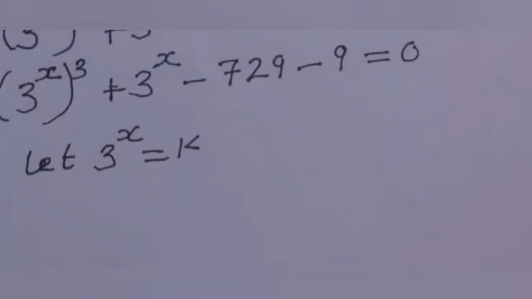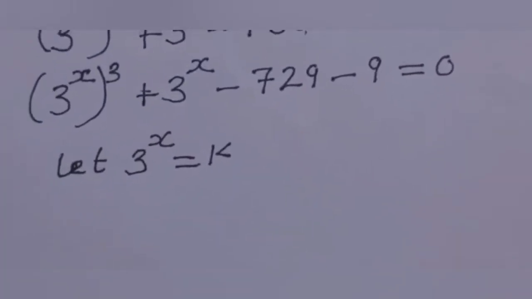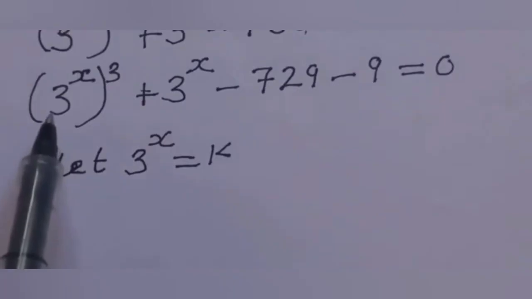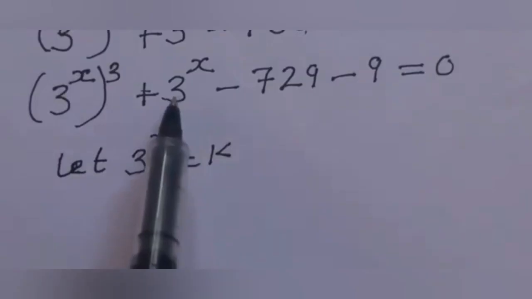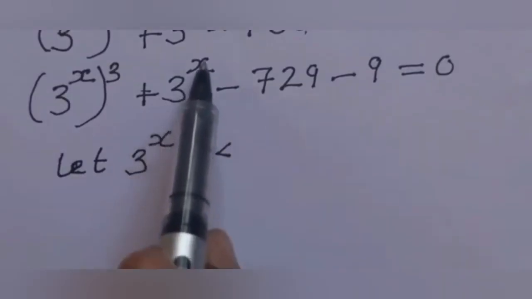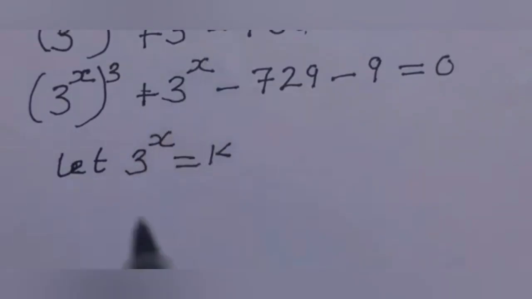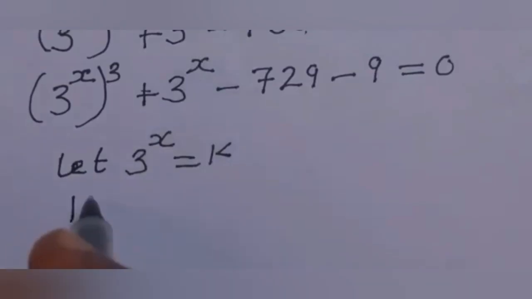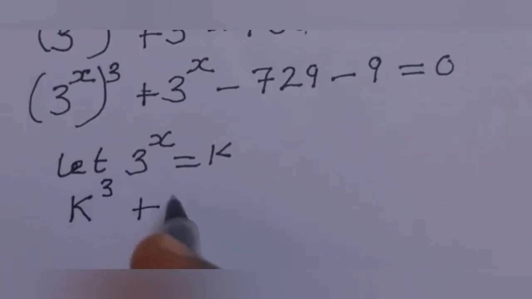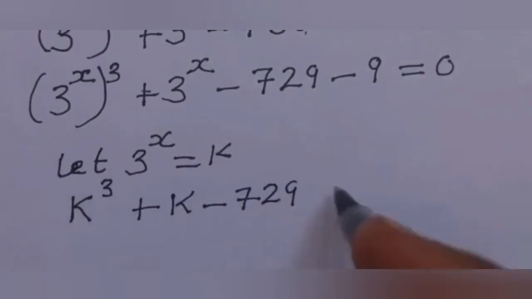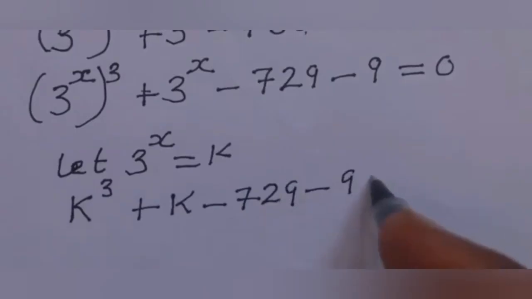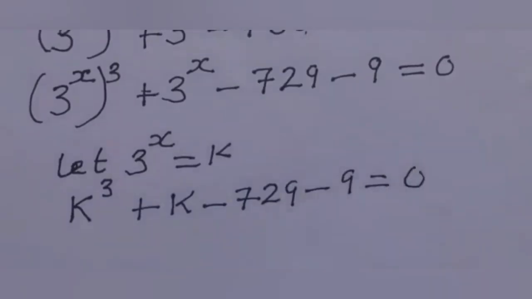So here instead of writing 3 power x, we are going to substitute k. And here, instead of writing 3 raised to x, we are going to substitute k. So we have k raised to 3 plus k minus 729 minus 9 equals to 0.